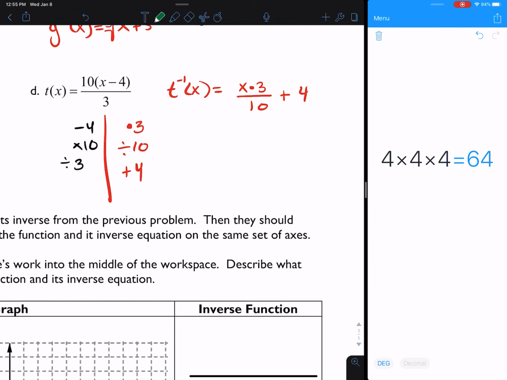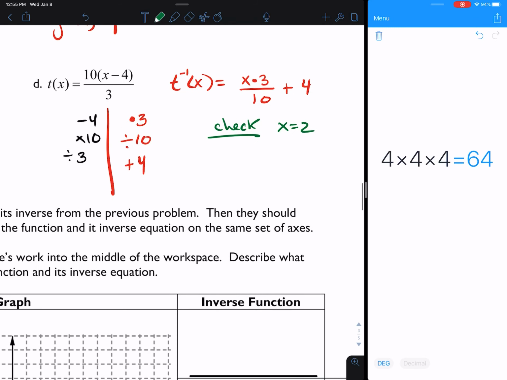So here's my check. I'm going to choose x equals 2. Actually, I don't want the output to be a fraction, so I'm looking for numbers that avoid that.